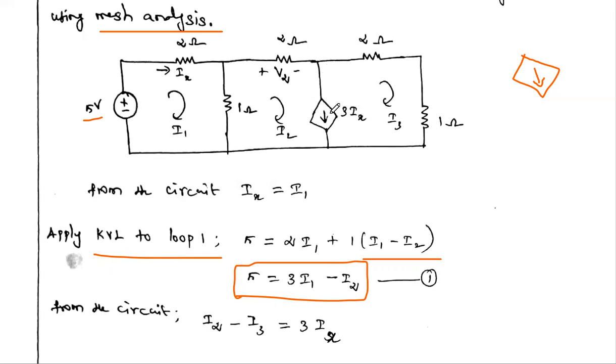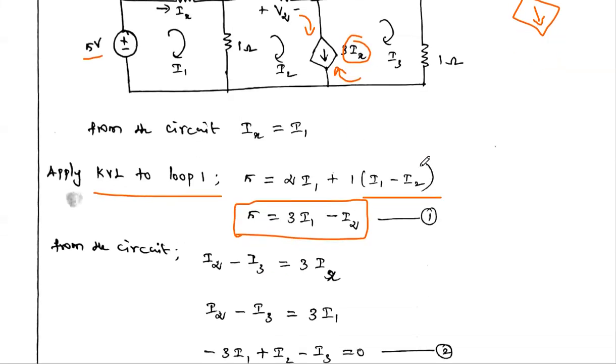So in terms of this current source, we write one equation. You see I2 is flowing from top to bottom, and I3 is flowing from bottom to top. So this current source 3ix is always equal to the difference between I2 and I3. So we can write I2 minus I3 equals 3ix.